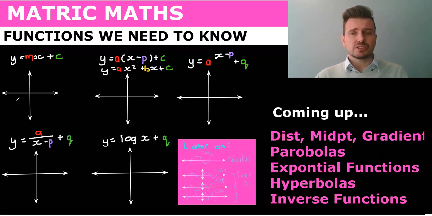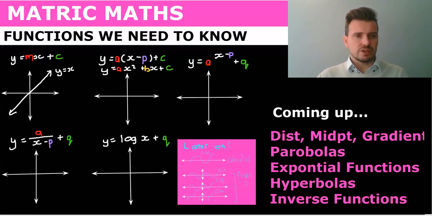So the key to this is to know the basic function and what it looks like. So a straight line function looks like this, where we have y equals x. So this is your basic one. Now what happens is your m changes the slope.